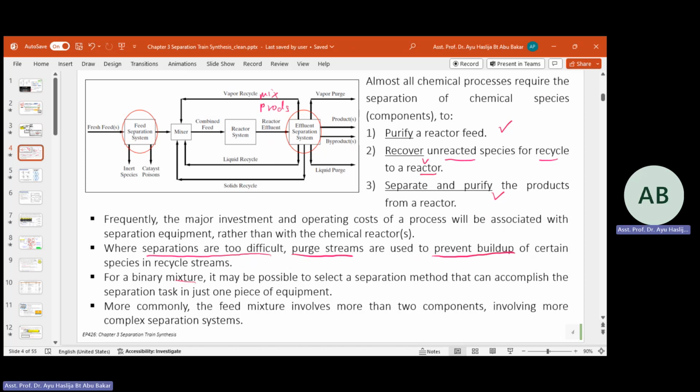Then for binary mixtures, it may be possible to select a separation method that can accomplish this in just one piece of equipment. This one is for general binary mixtures. For binary mixtures, you can have azeotropic mixtures, miscible mixtures. So from there, you can investigate in detail what the suitable equipment is.